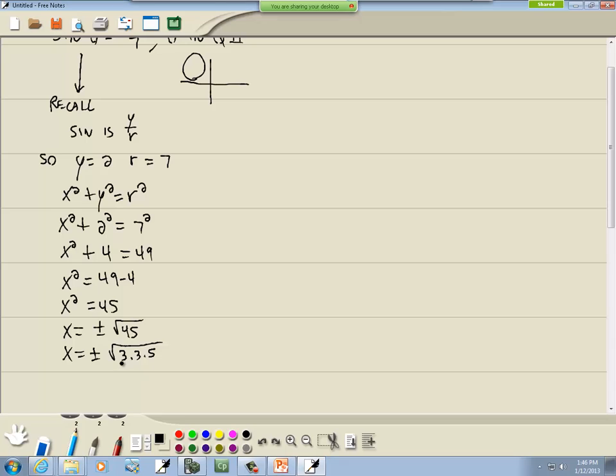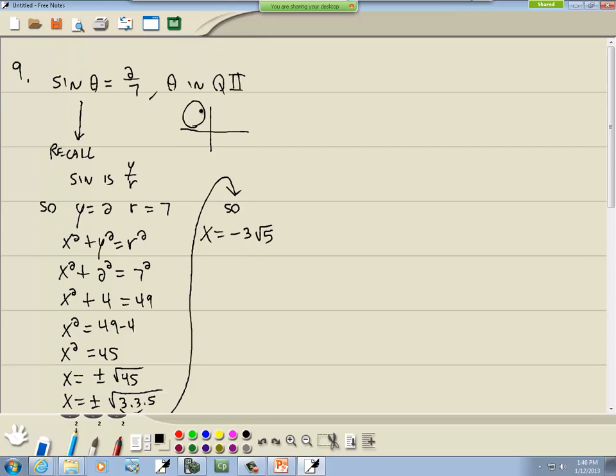Remember the square root, we're looking for a pair of somethings. Here's a pair of 3, so it's going to come out. And we get x is equal to plus or minus 3 square root of 5. Now look what quadrant we're in. We're in quadrant 2. In quadrant 2, the x values are negative. So our x is just going to be negative 3 square root of 5. You have to use the quadrant you're in to figure out what your sign is going to be.